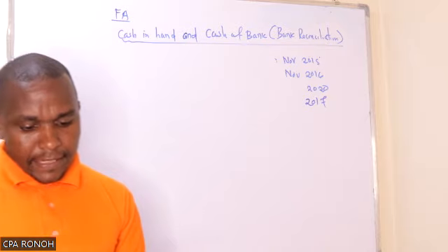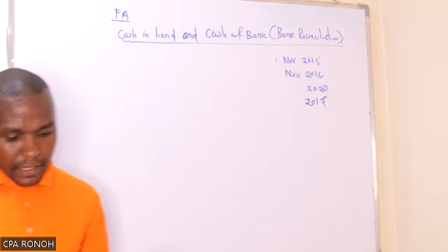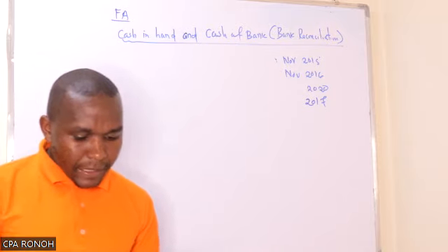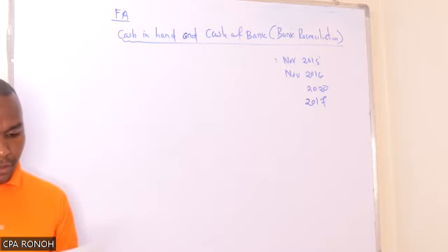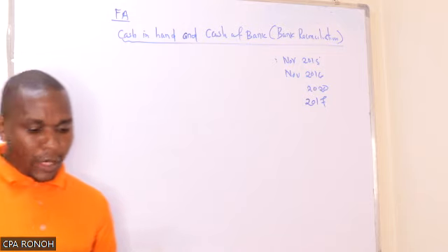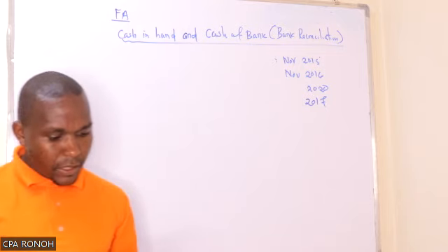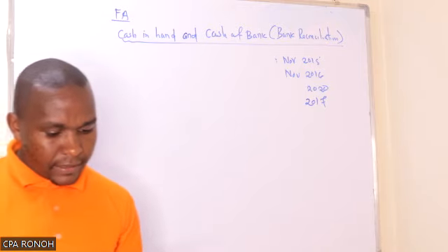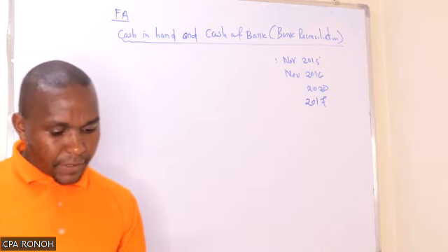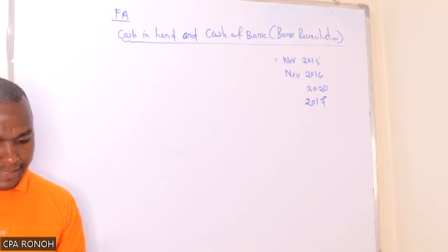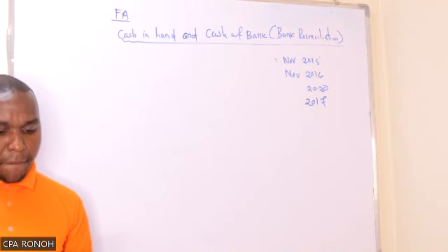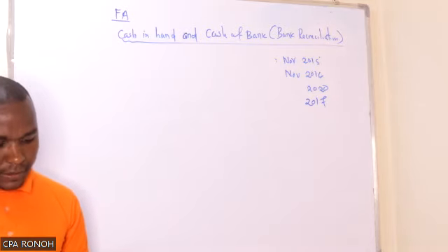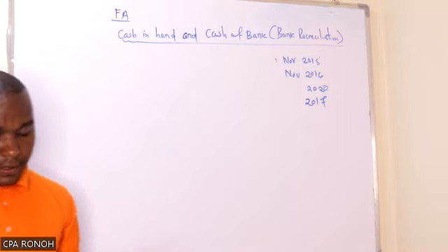It reflected a credit balance of 9.29 million, that is 9,290,000. However, the cash book balance as of 1st October 2015 indicates a higher amount by 4,530,000.